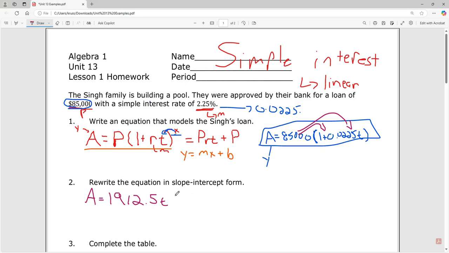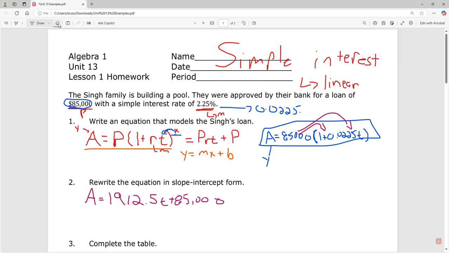And then my B value is just going to be 85,000, because 85 times 1 is 85,000.